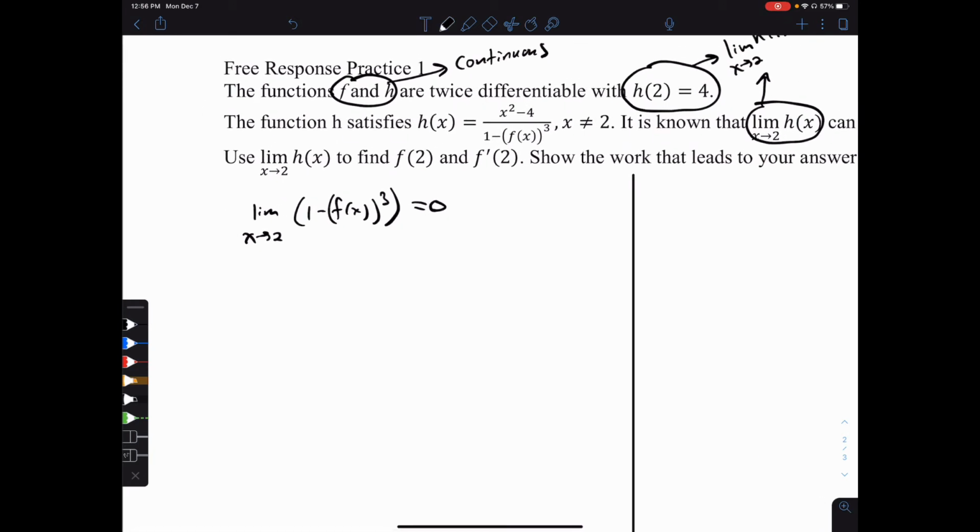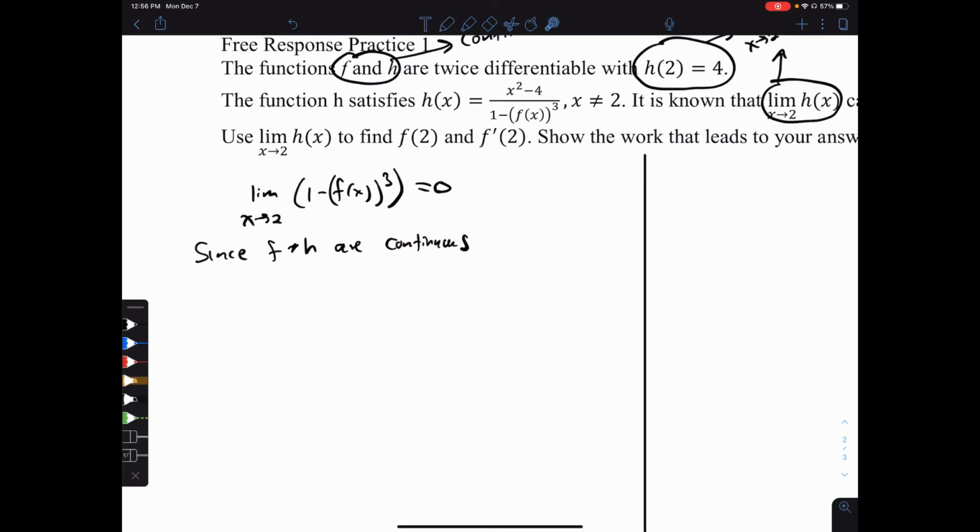Since f is differentiable, well, f and h both, then f and h are continuous, which we've already said once. So since it's continuous, that means that this limit should be able to be evaluated by direct substitution.